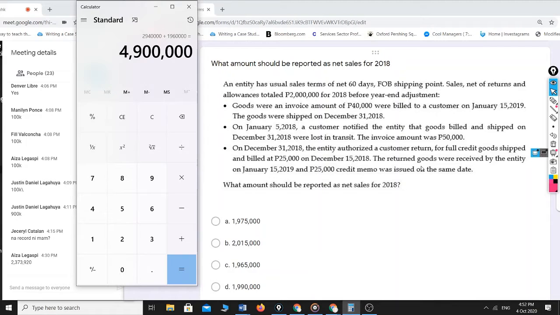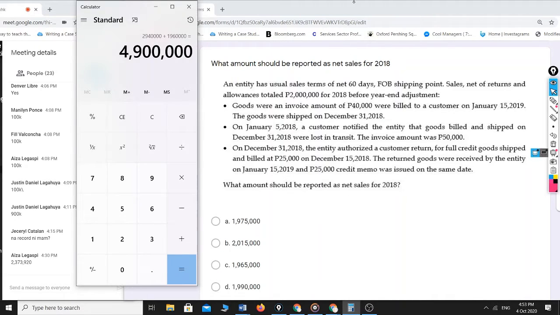Okay. Let's check pila iyang net sales. So, ang unadjusted amount of the sales is 2 million. But there were items that we need to consider.